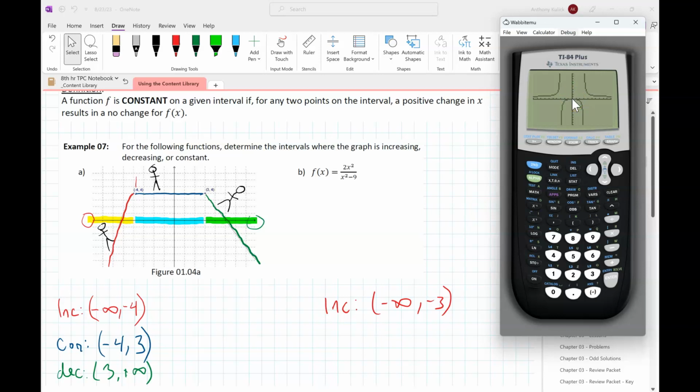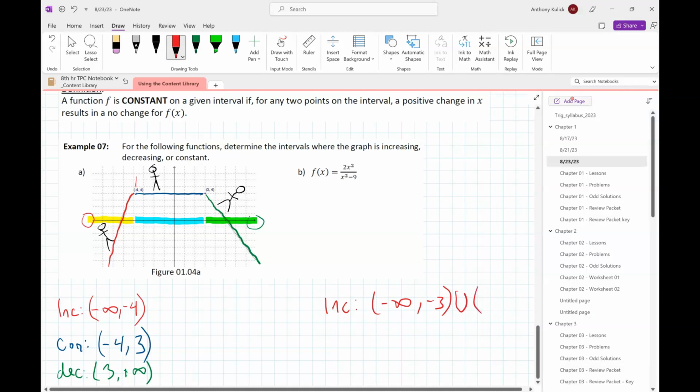We started at the discontinuity, that was -3, and continued walking until we got to 0. We're using the x coordinates, right? When we're doing these intervals, always x's. So that's a second interval of increasing. I'm going to need to write a union and then my second interval. That's the big U symbol.